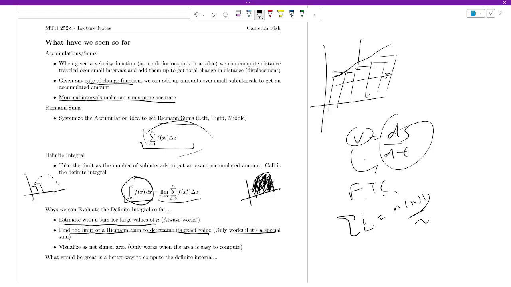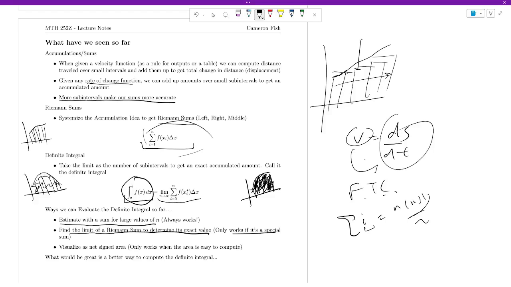Given your discrete data, you can still do the rectangles and get a number for the area, and it's a good approximation if you pretend your data came from a function. You can even do this if you have a function that's too hard to do the Riemann sum with; you can still take samples of it, even if it came from a real math function.